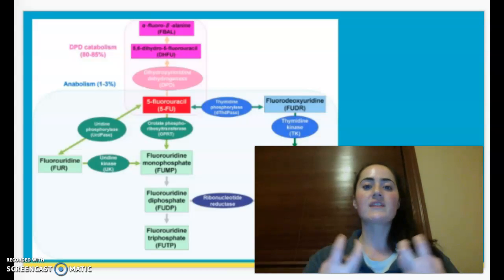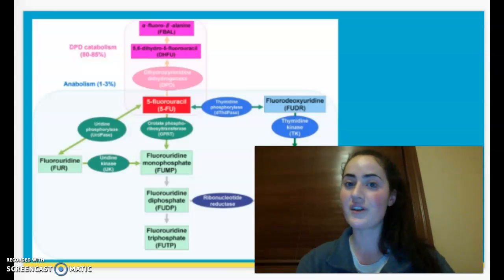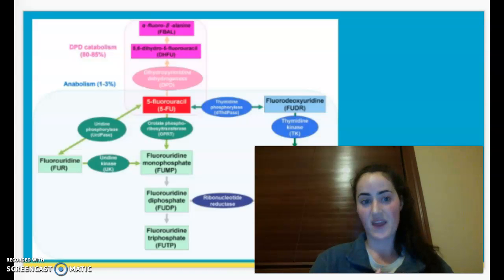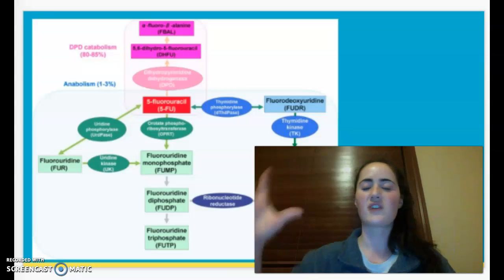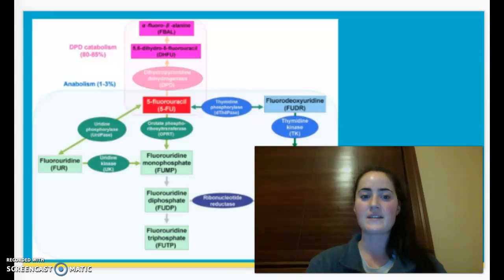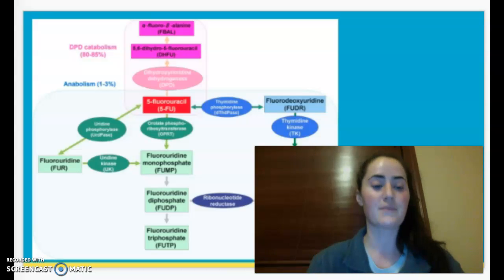Now, this creates a stable complex with TS, like I said earlier, and TS stands for thymidylate synthase, and this is an enzyme. And so it's going to create this complex with TS, and what it does as a result is that it inhibits what's called deoxythymidine monophosphate, or dTMP, production.